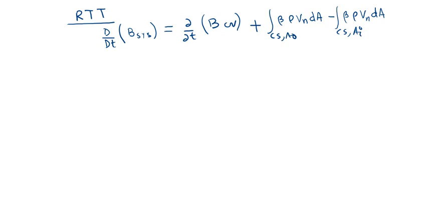Now for the conservation of momentum, we are considering this B as the momentum of the system, and what will be small b? Small b is basically the velocity.